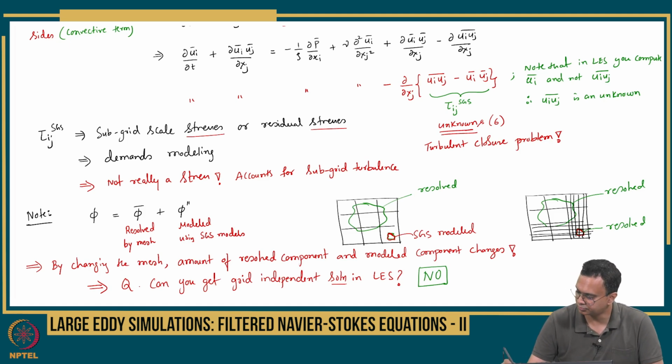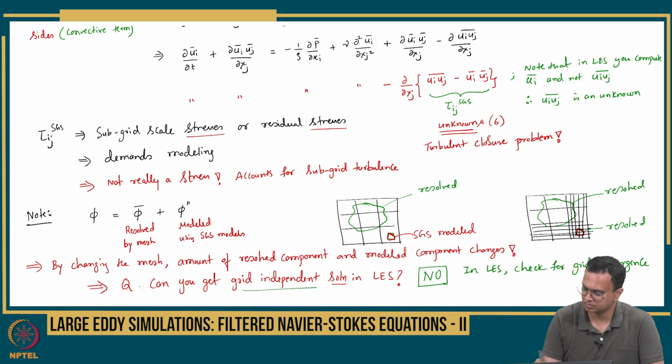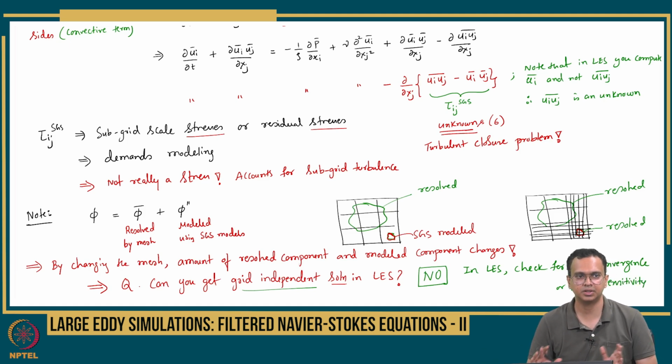So in LES, check for grid convergence, not independence. Check for grid convergence, or you can say grid sensitivity. It means as you refine, see how your solution is changing.